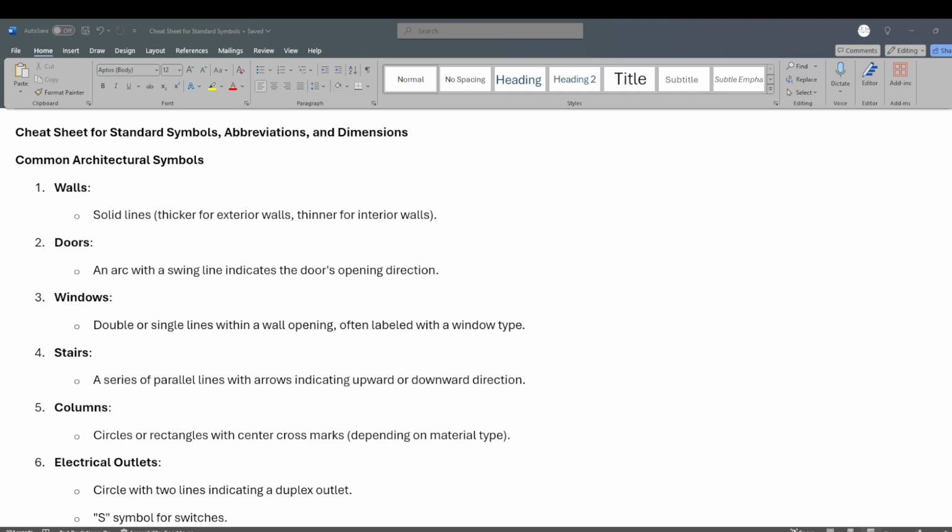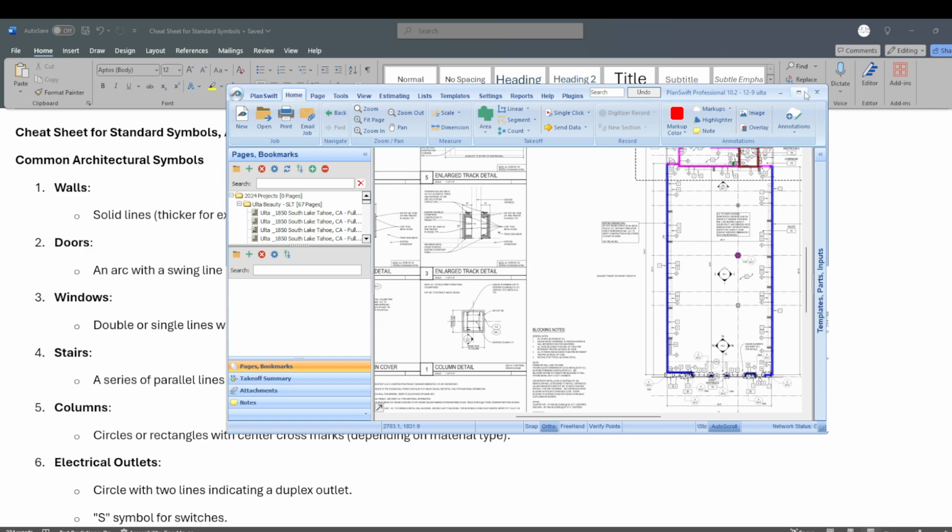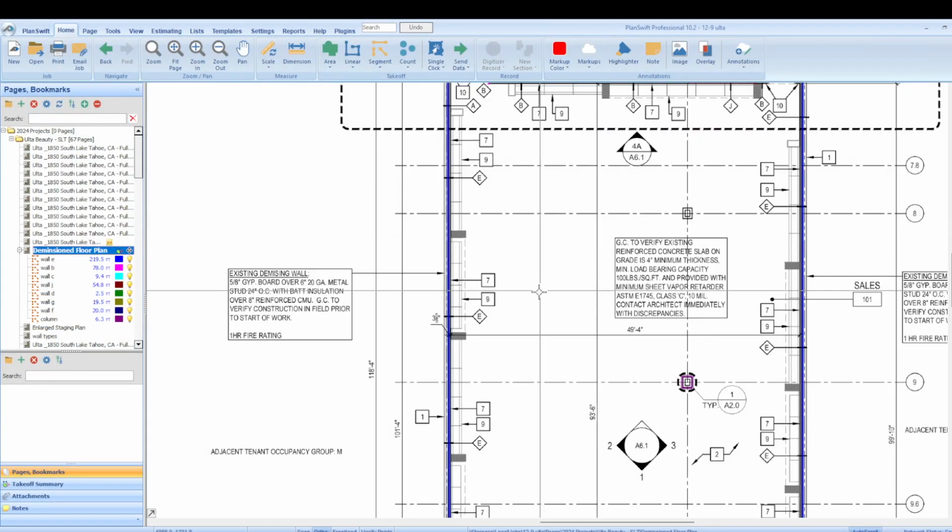And if they have insulation, they may have something resembling alternating light bulbs. So let me put this A plan up and look at how they represent the walls.